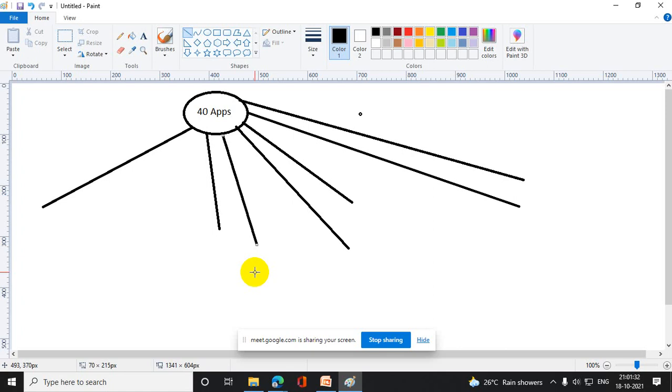Now my question: is this the only thing VMware provides, or something else? There are huge features to manage your data center in terms of software-defined data centers.